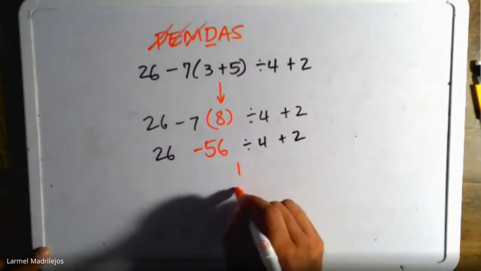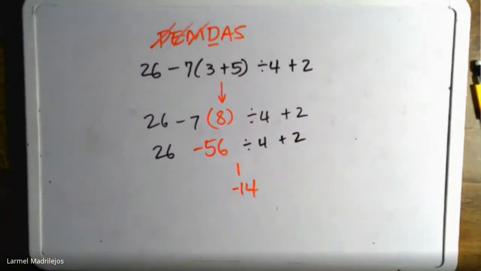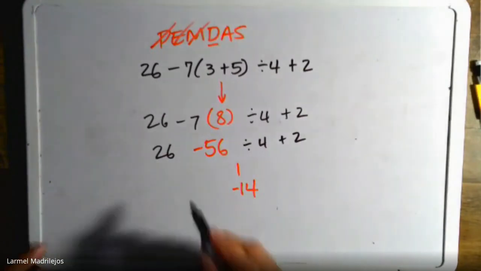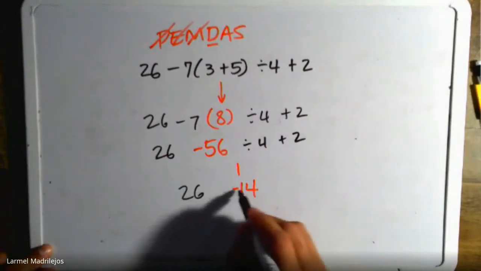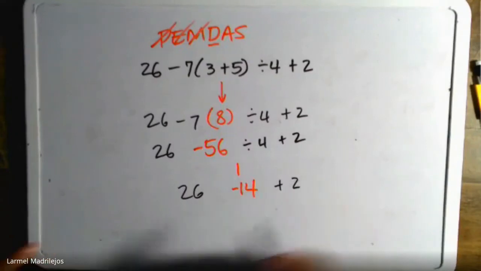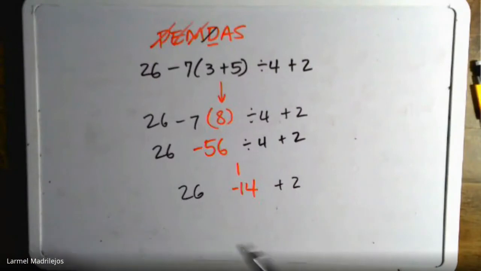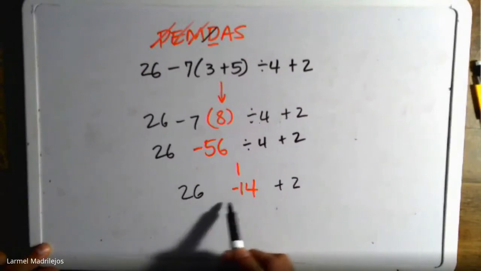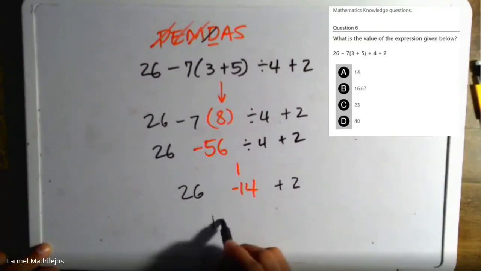So 26 minus 14 plus 2. Now the rule after this is you work from left to right. So 26 minus 14 makes 12.